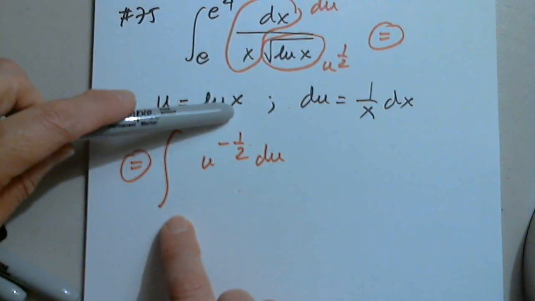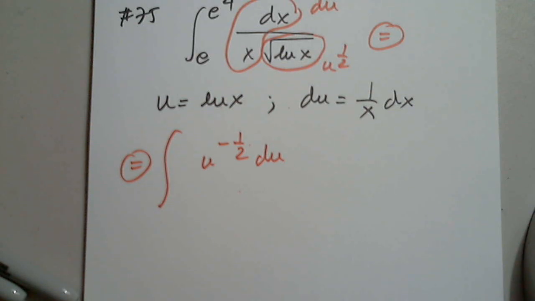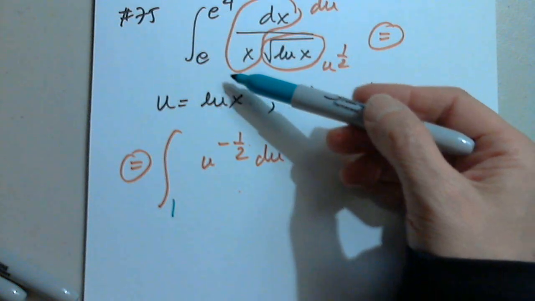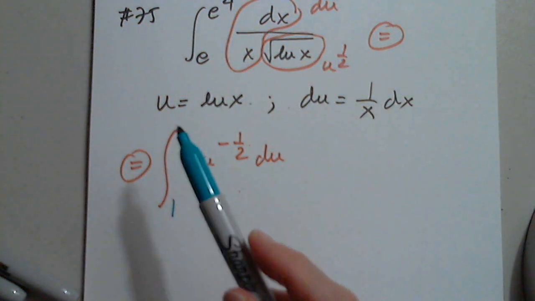One. Yes. When x is e to the 4th, how much is u? 4. Exactly.